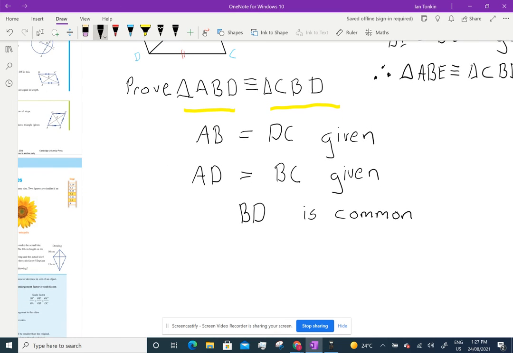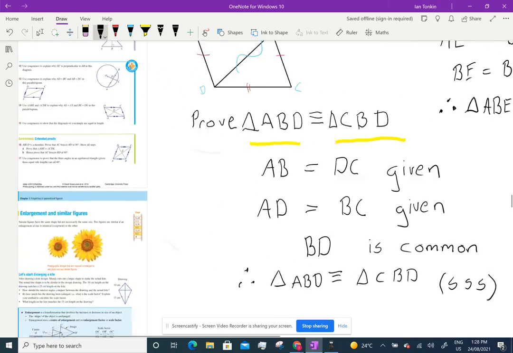Therefore, triangle ABD is congruent to triangle CBD. Why? Well, side, side, side. We've got three sides.